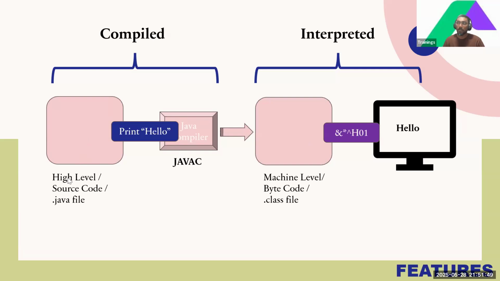We give the high level language to the Java compiler, which will compile it and create the .class file. That .class file we can give to the machine. The machine will execute that .class file and create the output. So that makes Java compiled and interpreted. We can compile the Java and using an interpreter we can execute the code. Compilation means translation. Interpreted means execution.